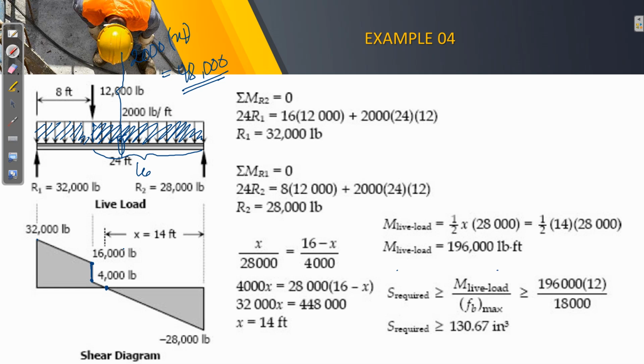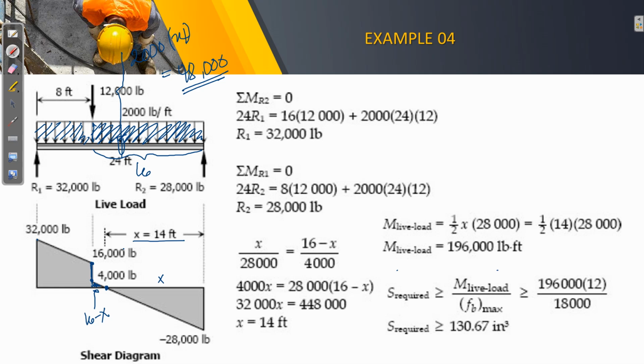So we need to locate your maximum. So in this case, x is delegated as the dimension of this triangle, and the remaining dimension for the smaller triangle here is 16 minus x. Okay, we have a ratio and proportion of this smaller triangle to that of the larger triangle.